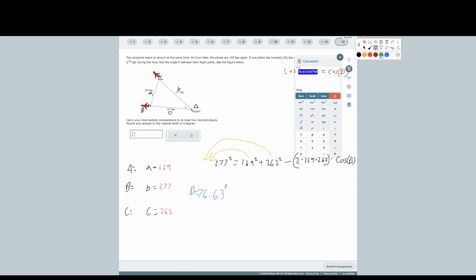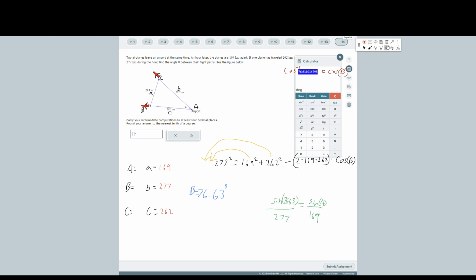Now we can revert back to the law of sines, which is going to tell us that we know A is 169. And the angle of A is going to be the sine of A, obviously. And for B, I had to move my angle over here, but this is my angle of B. I'm going to take the sine of 76.63 over 277.